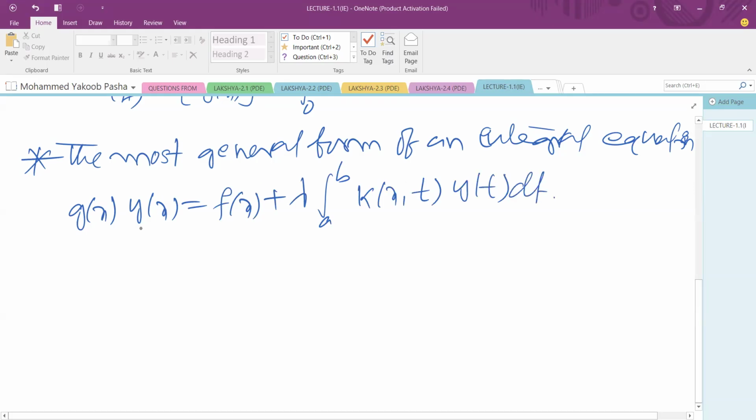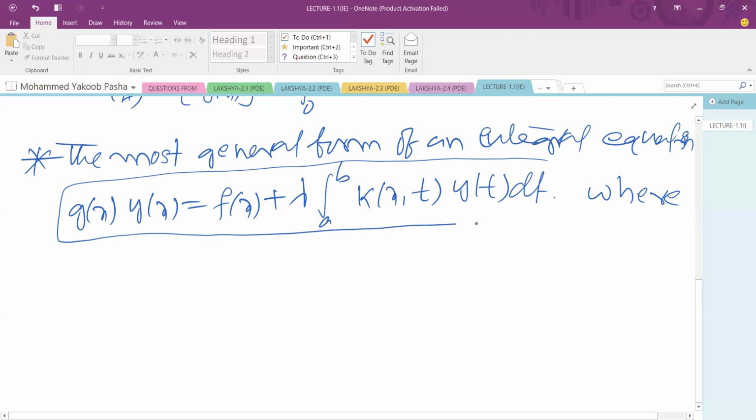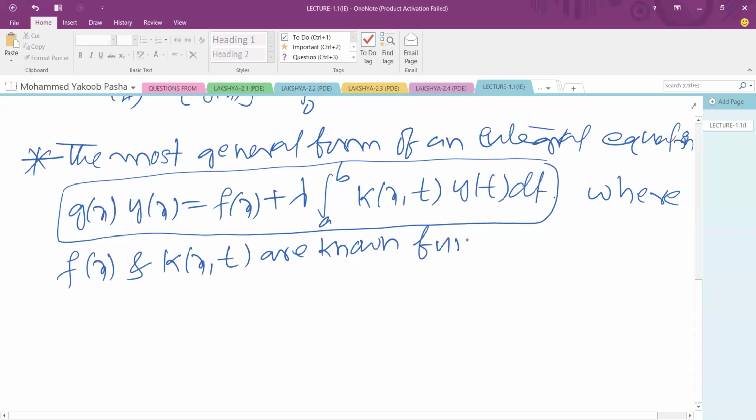You should remember this is the general form of the integral equation, where f of x and k of x comma t are known functions, and y of t is the unknown function.